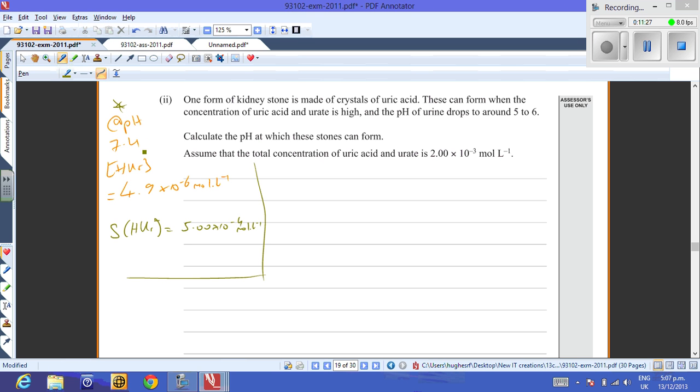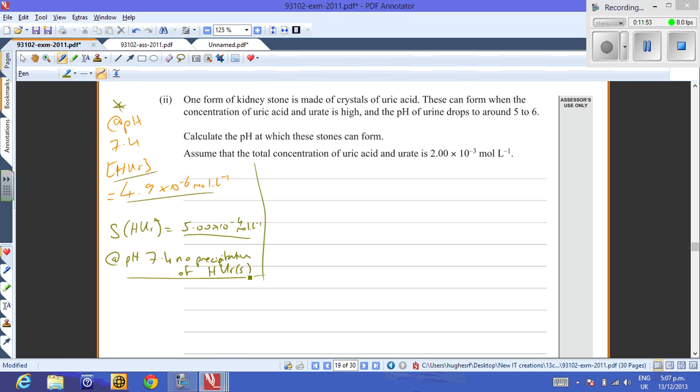At pH 7.4, the concentration of uric acid turned out to be 4.9 by 10 to the minus 6, which was less than its maximum solubility of 5 by 10 to the minus 4. So at pH 7.4, you get no precipitation of your uric acid.